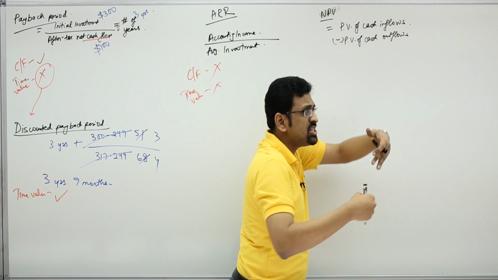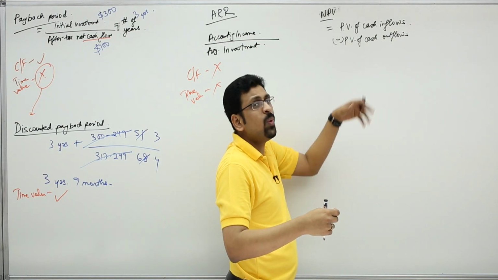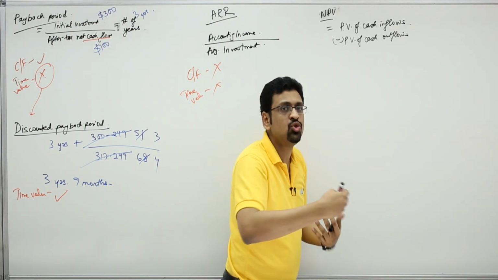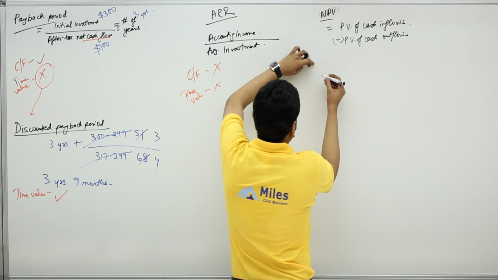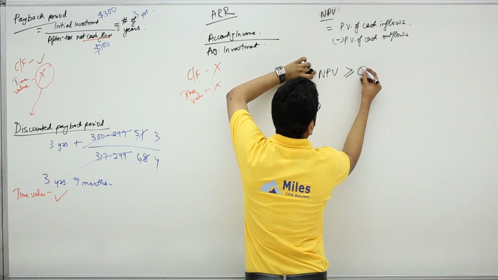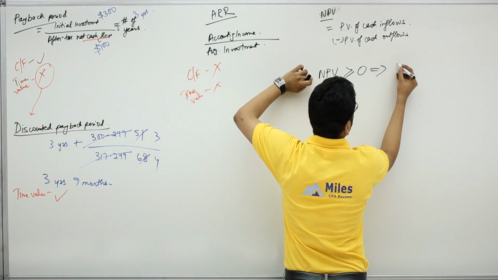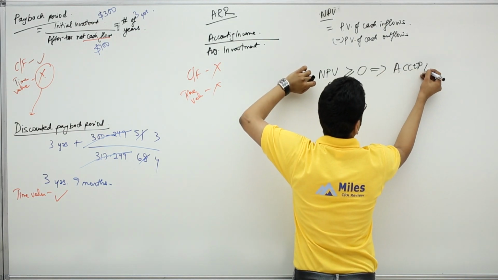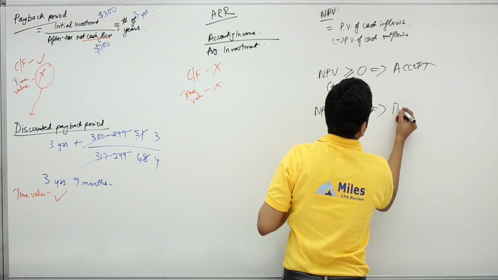If the cash outflow, the investment, is right on day 1, then the present value is the same as the actual value of the investment. Now, if the net present value is greater than or equal to 0, that means let's say the NPV is positive, you would accept the project. If NPV is less than 0, reject.